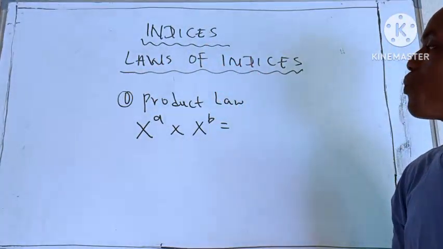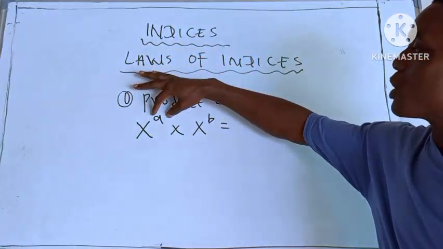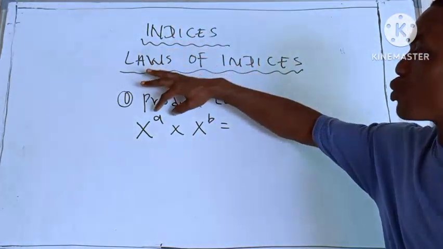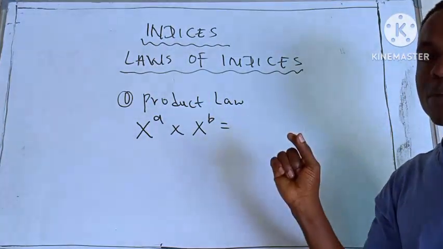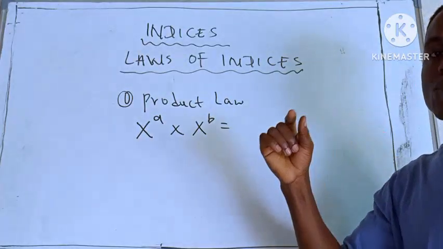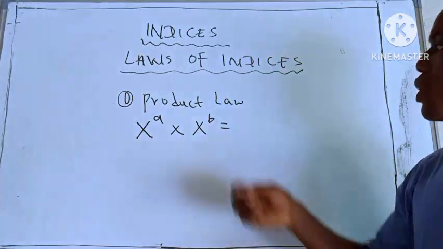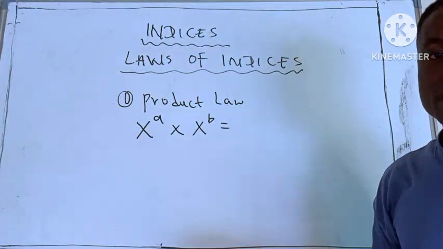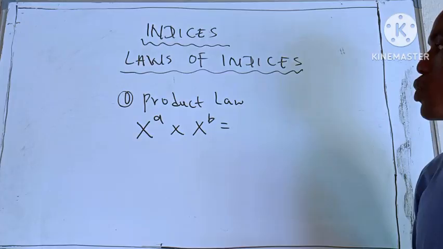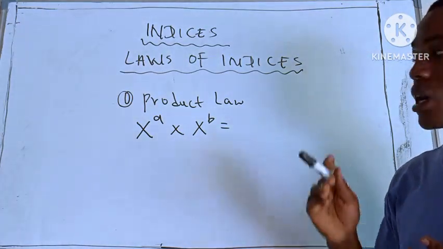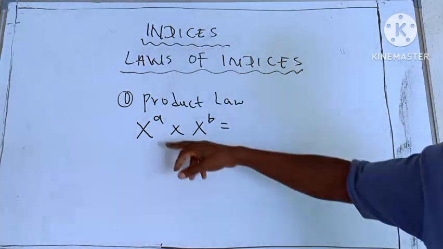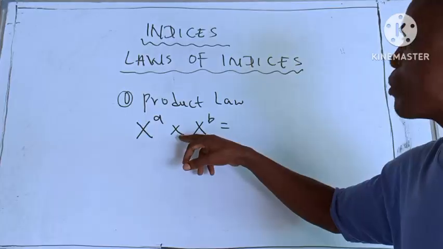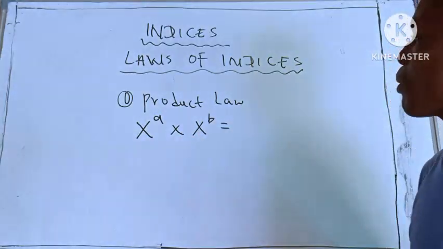Whenever you see a particular number or alphabet on top, we call it index numbers or index alphabet, or you can call them exponents. So any name I use, please don't be confused, I'm referring to the upper ones. Now we have x raised to power a multiplied by x raised to power b.